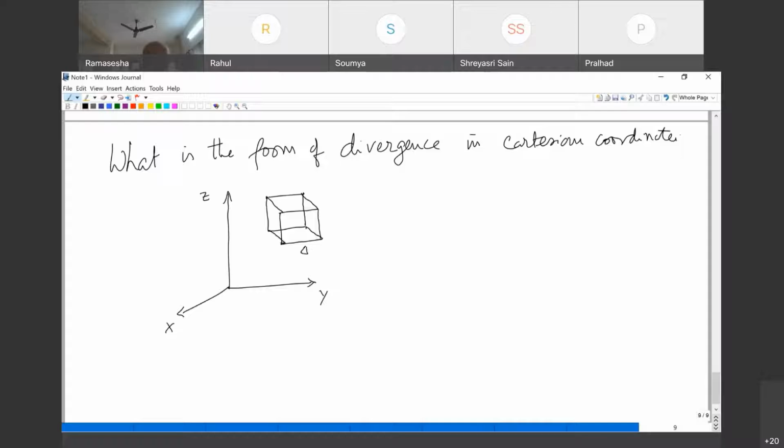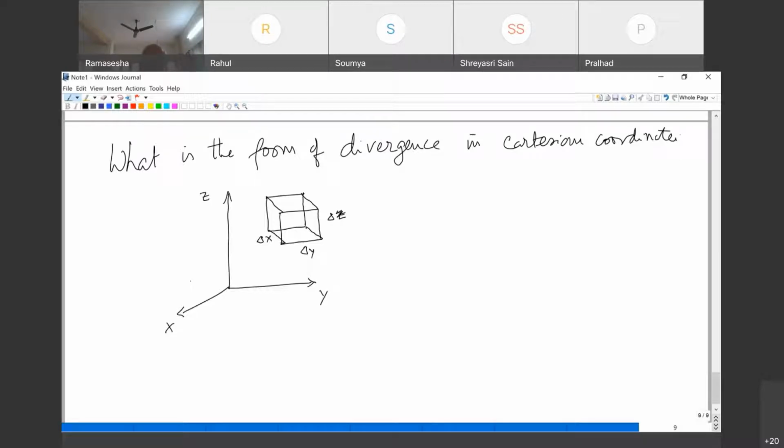The sizes are delta x, delta y, and delta z. So I have a cube of dimensions delta x, delta y, delta z.